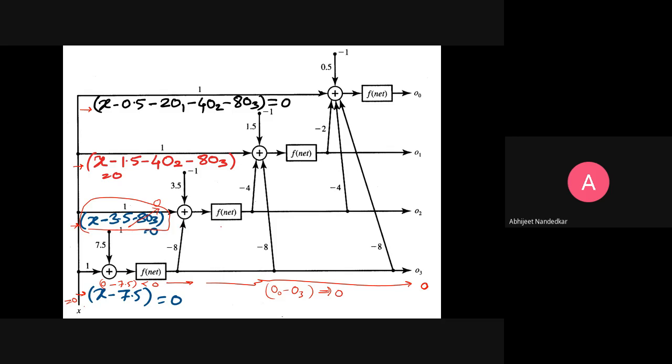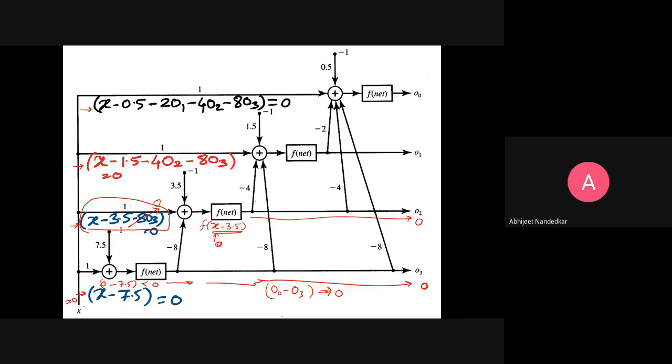So what is the implementation now? Because O3 is 0, it is x minus 3.5. Output is a function of x minus 3.5. Since my input is 0, which is less than 3.5, this will also transmit 0.